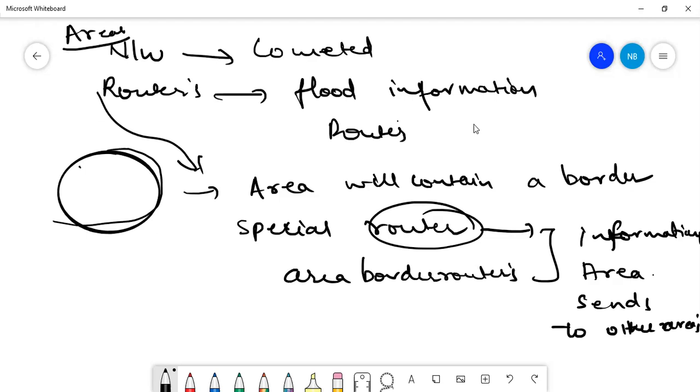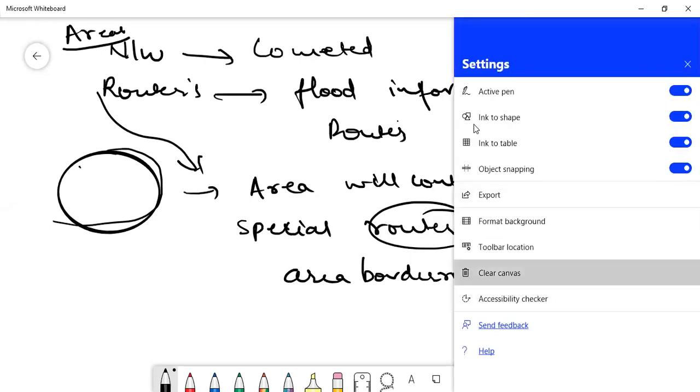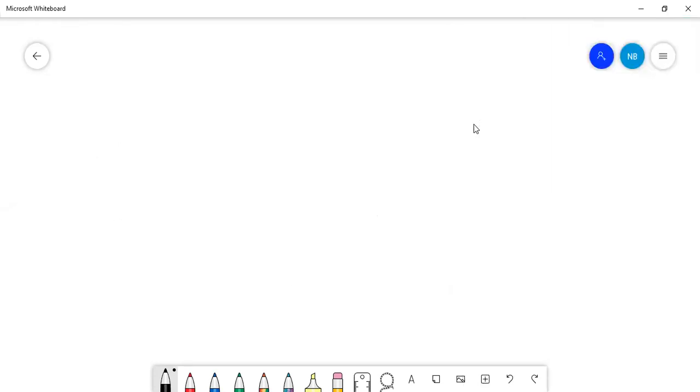So next one, I will show you about different considerations. Let us see what different types of functionalities are available according to areas within OSPF. First one is metric. Second one is types of links.